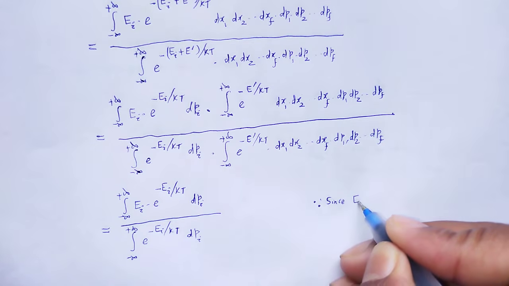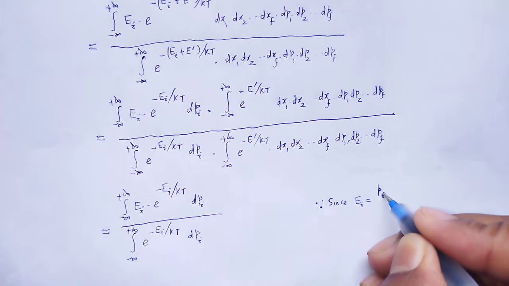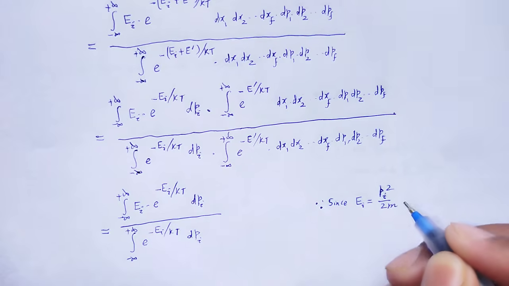As we know, the energy of the ith particle in terms of momentum is pi square divided by 2m.